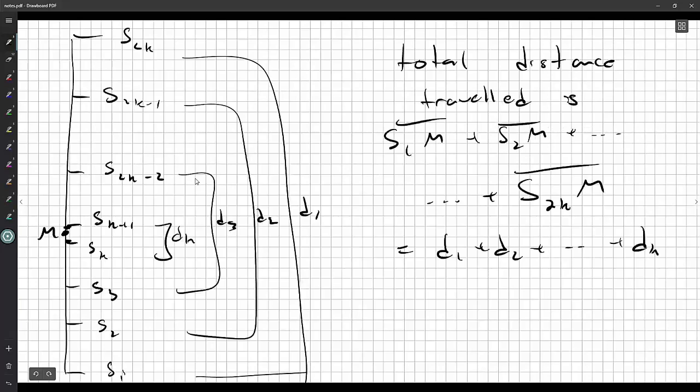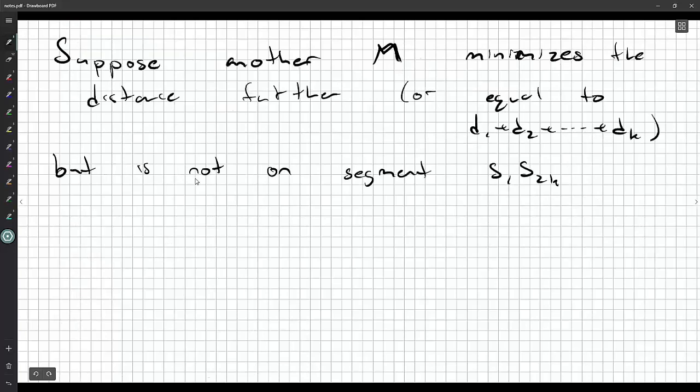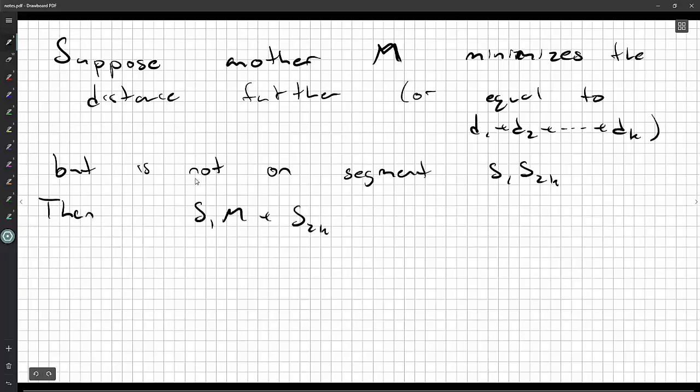So what I'm going to do is say, suppose there were some other point M, I'll put it in blue so it stands out, M up here that's beyond this. What would we do? Well, then S1M plus S2KM is going to be strictly greater than D1.